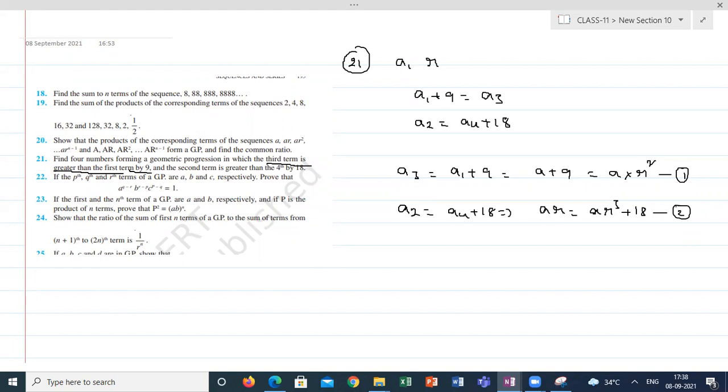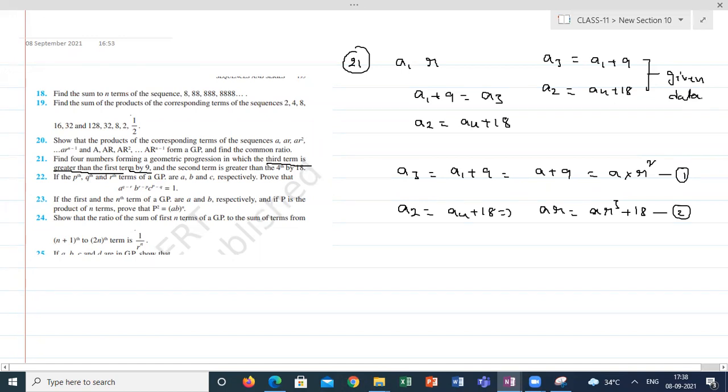Why AR square plus 9? I'm not taking it on my own. They mentioned clearly A3 is greater than A1 by 9. That is A3 is equal to A1 plus 9, which is given data. Same as A2 is greater than A4 by 18. This is given. To satisfy this condition, I have to find out the A value and R value. Okay, sir, got it, sir.